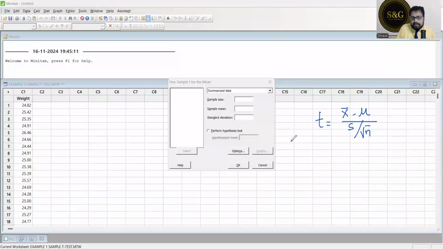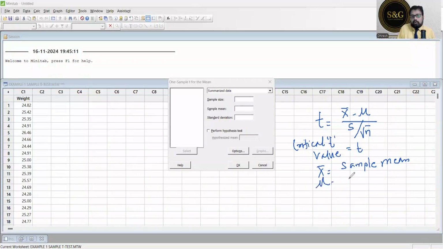This is the calculated t, which is compared with the critical t value. X bar is equal to sample mean.